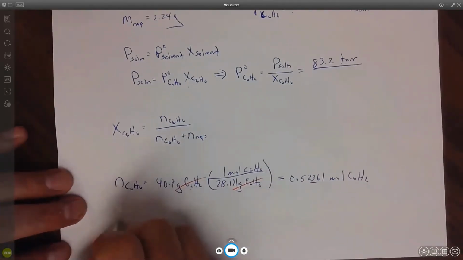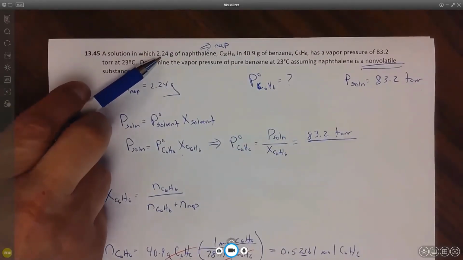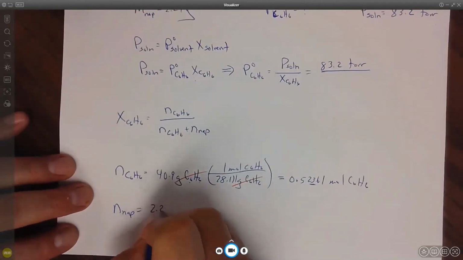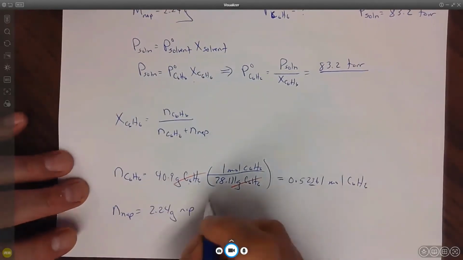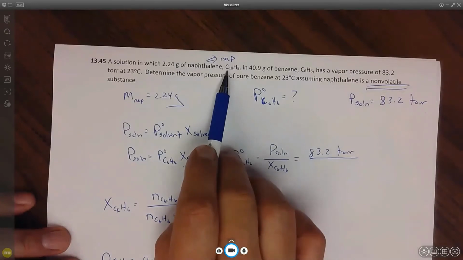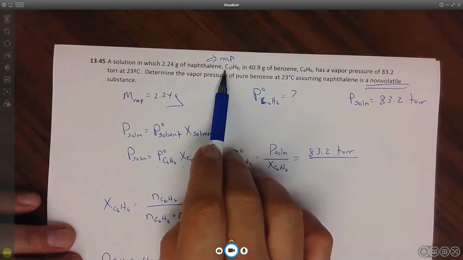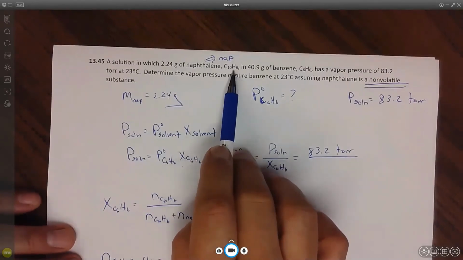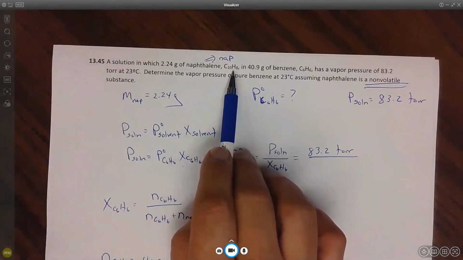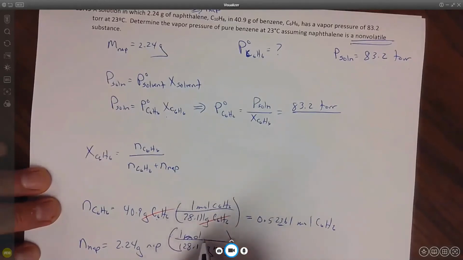And then the moles of naphthalene, we're going to do the same thing. They gave us the mass of naphthalene, 2.24 grams. Again, naphthalene has the formula C8H8, so that's 12.0107 grams per mole times 10 plus 8 times the 1.00794 grams for the hydrogen, giving you a molar mass of 128.17 grams of naphthalene for every 1 mole of naphthalene.